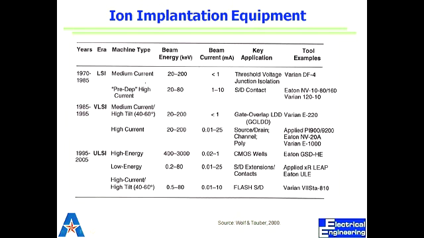Contacts we'll see once we go into the vias and interconnects. For contacts, we just need a very shallow region, but we need it to have a certain area to make an electrical contact, right? And the reason is simple. We want the contact to have very small resistance, right?